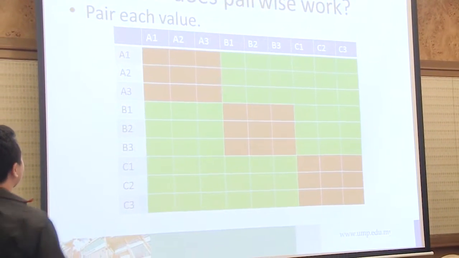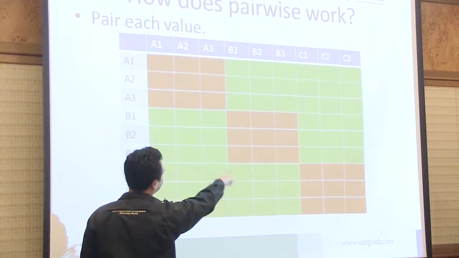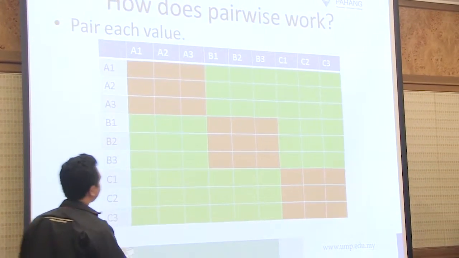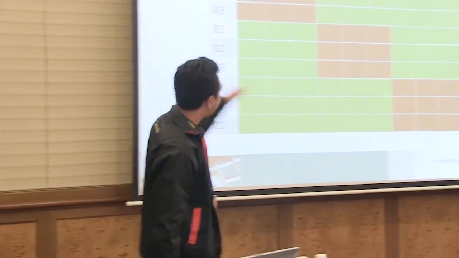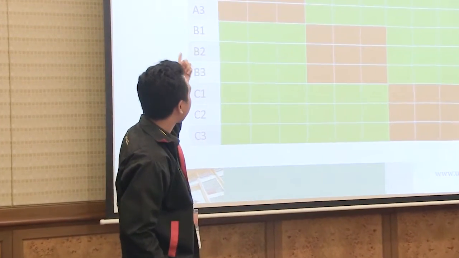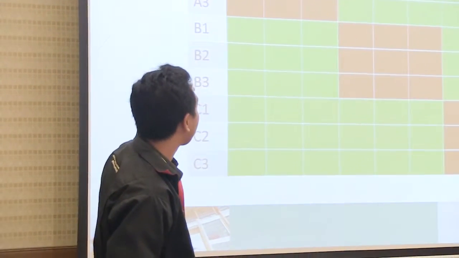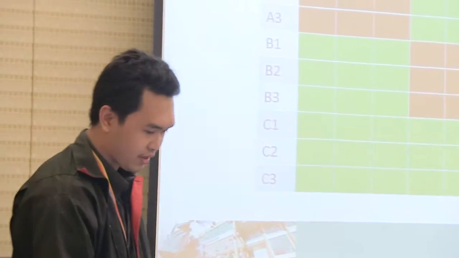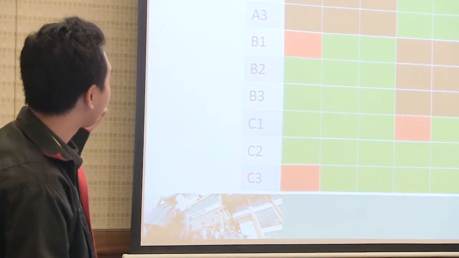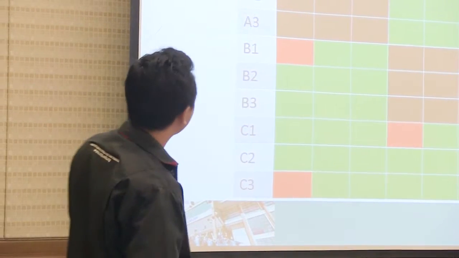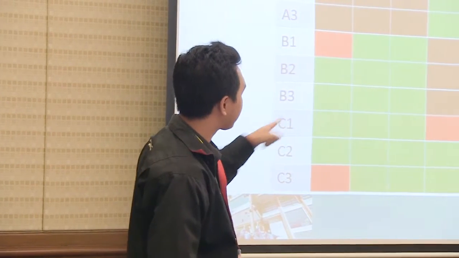So A1 with B1 and B1 with A1 refer to the same combination. This is more about how pairwise covers things. Meaning with one set of combination A1, B1, and C1, you can cover those red highlighted areas.